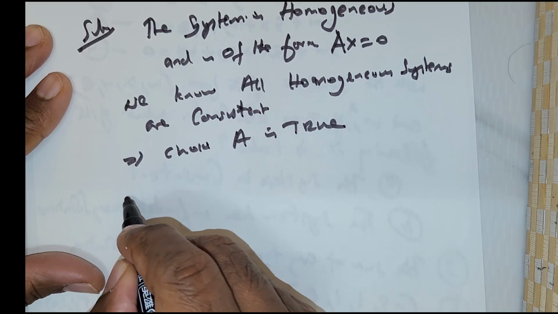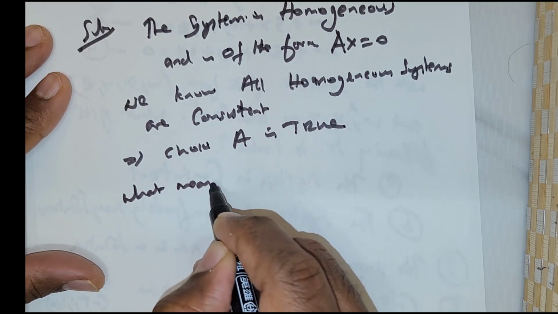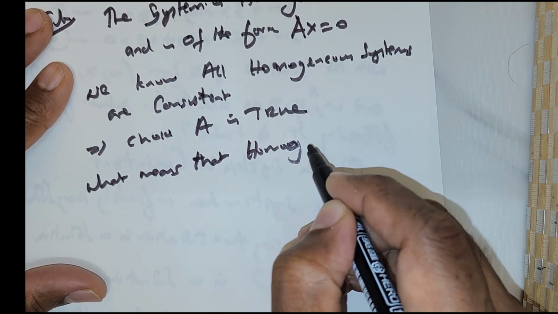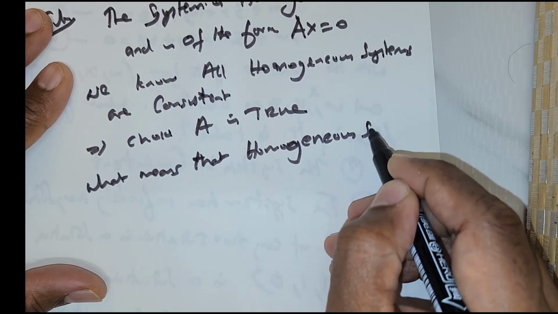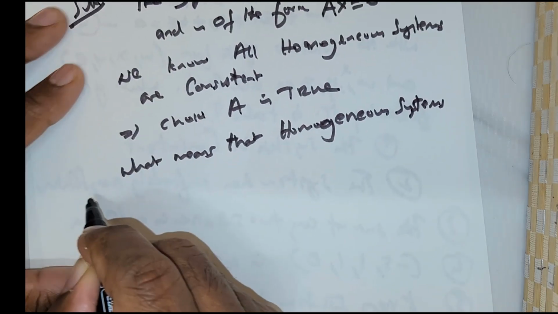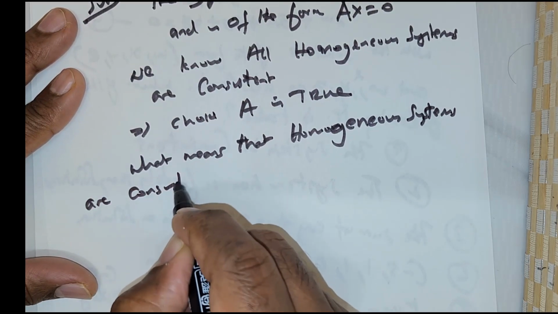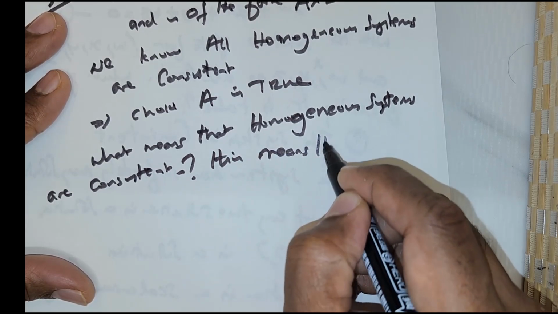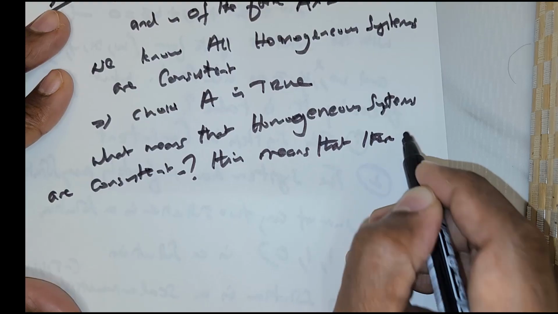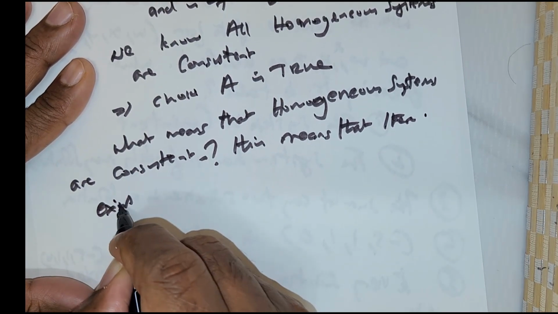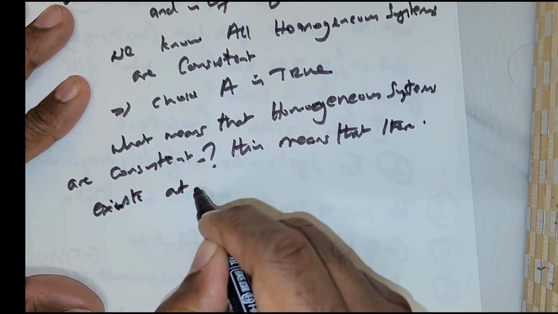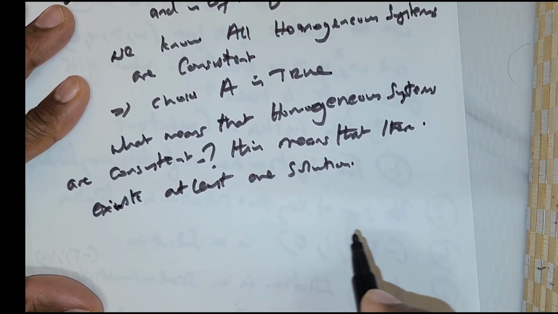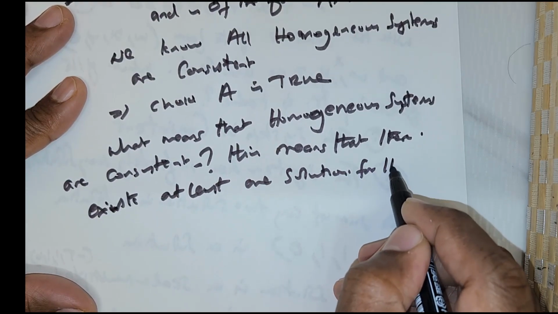Now what is the meaning of homogeneous systems being consistent? This means that there exists at least one solution for the system.